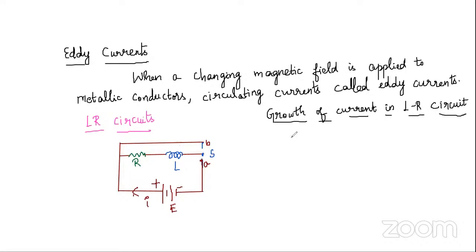That is small i equal to E by R within the bracket 1 minus exponential minus R by L into t. So this is the expression for the current flowing through the circuit.